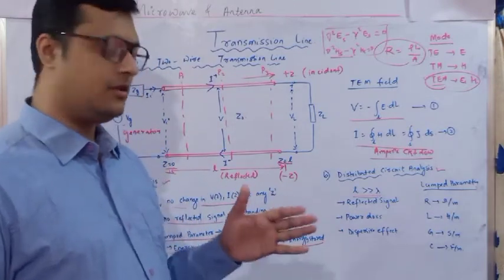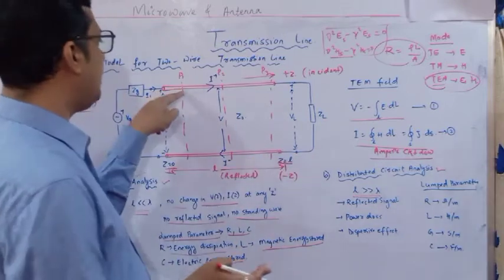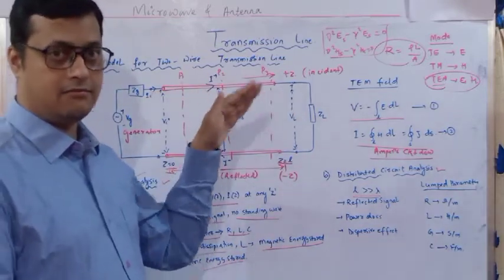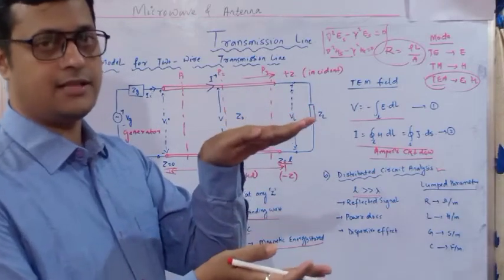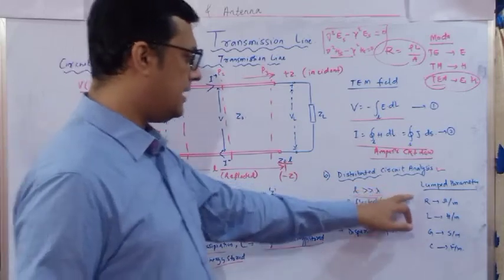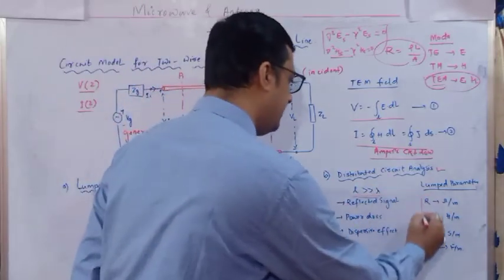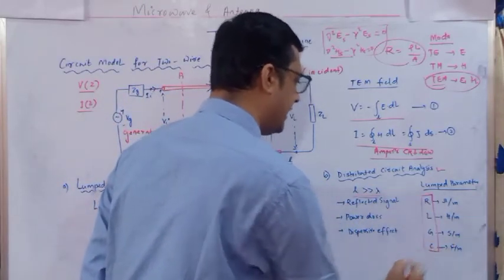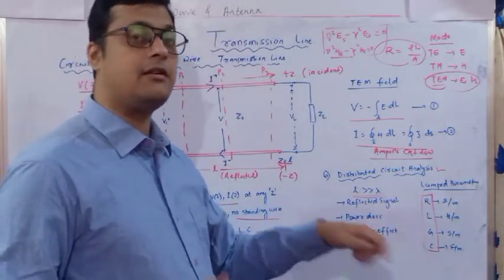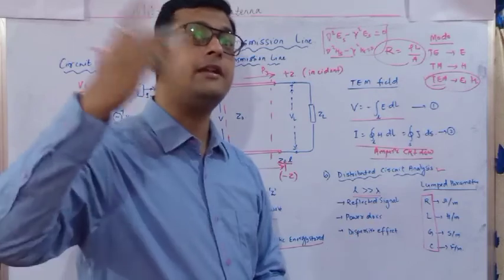So in the two-wire line, the series combination is R and L, and the medium between the two conductors is identified with capacitance and conductance. So here the parameters are identified as R, L, G and C. It only comes into the picture when the length of the transmission line is very much greater than the wavelength.